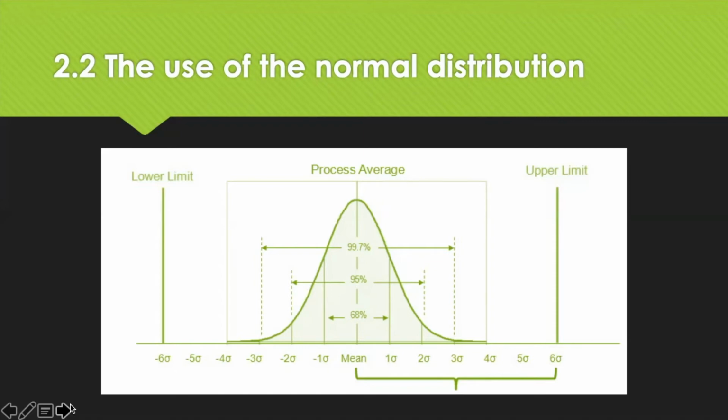So what you can see here is the mean in the middle and how that bell chart fades away as it gets further from the mean. When you're within the upper and lower limits, this is classified as zero defect. If you fall outside of that upper and lower limit, then it's classified as a defective product.